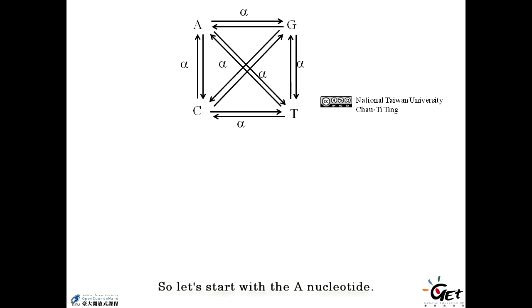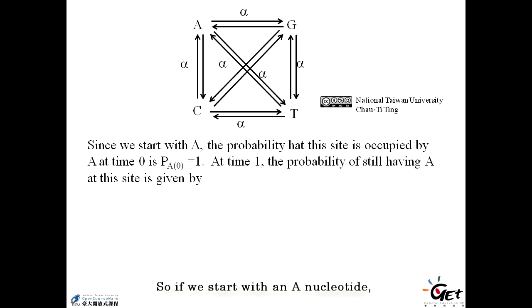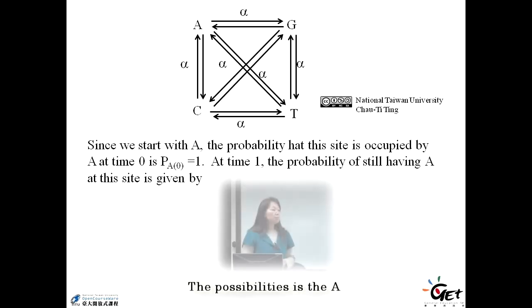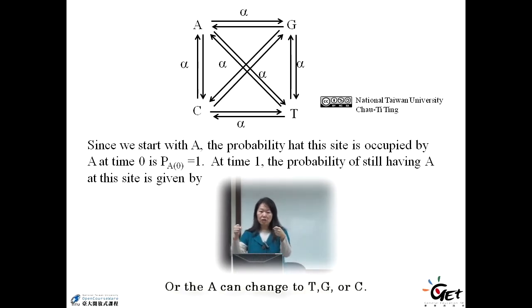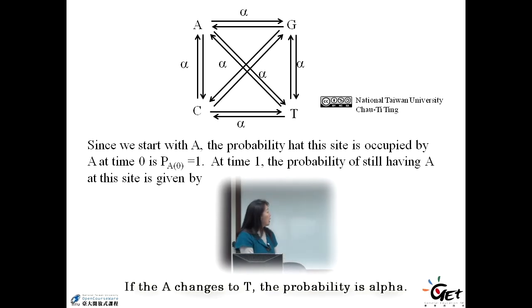So let's start with the A nucleotide. If we start with an A nucleotide, there are several possibilities. The A can stay as an A after a certain time period, or the A can change to T, or G, or C. If A changes to T, the probability is alpha.